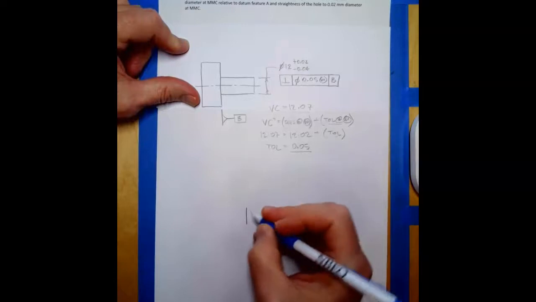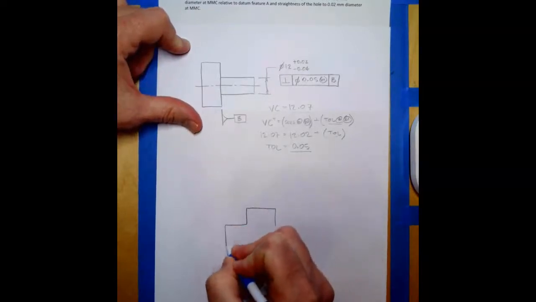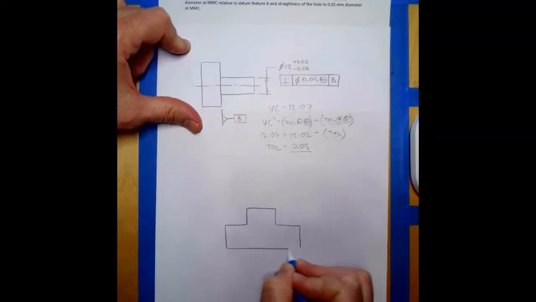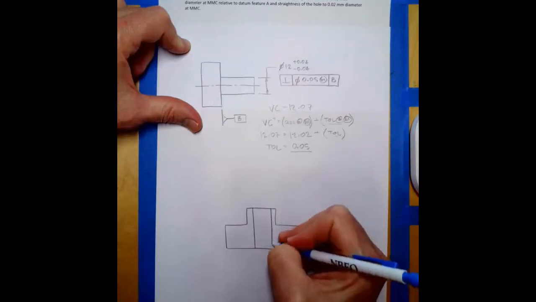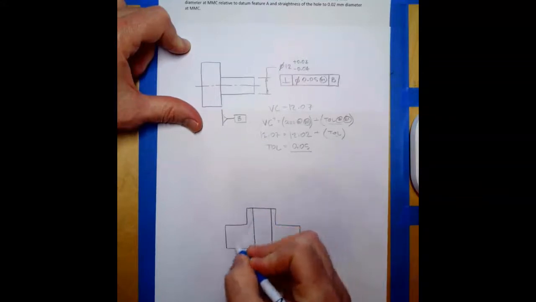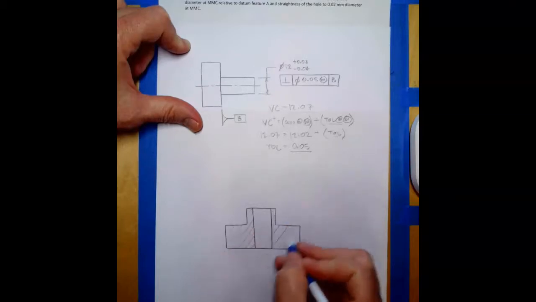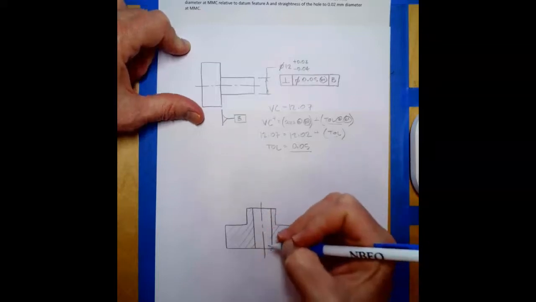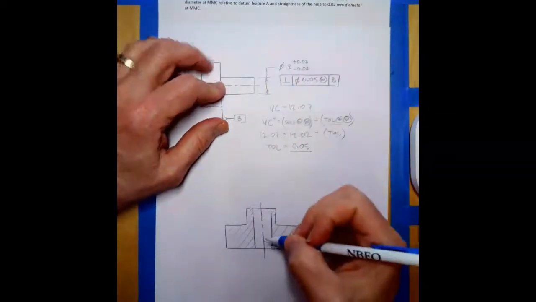So let's draw our feature right here, what we're trying to control. So draw something like this. All right, and this is the hole.